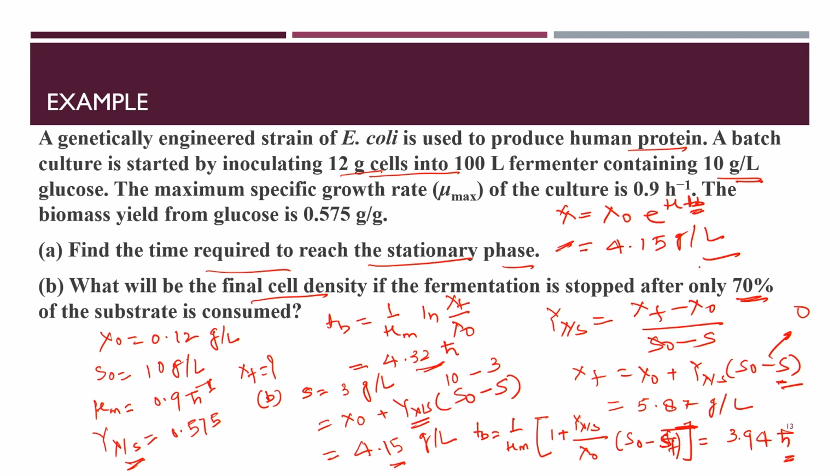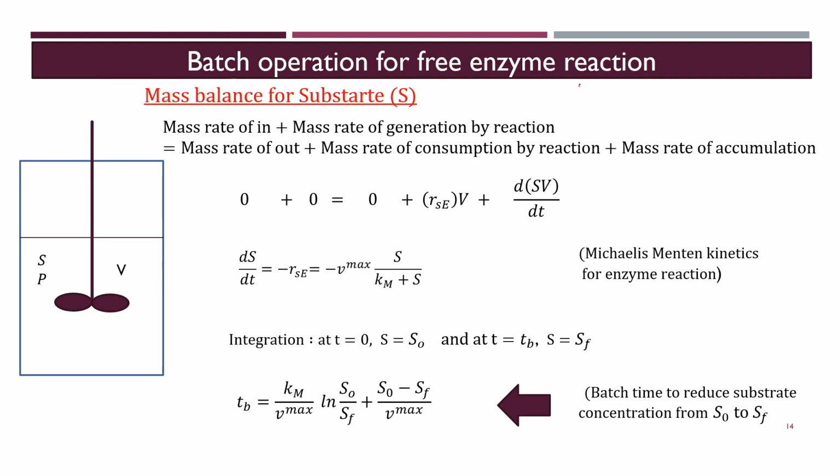So, you can do this mass balance using different equations we discussed based on biomass, substrate or product, and at the end you will get similar answers. Now, we will be discussing the batch operation using the free enzyme systems.